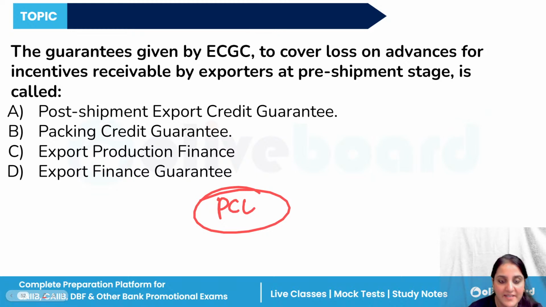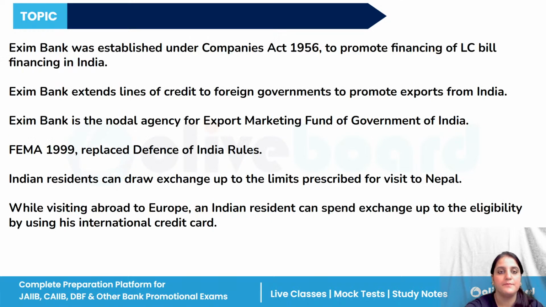Packing Credit Guarantee, which is specially designed to provide coverage for loans advanced to exporters for pre-shipment activities. This also includes financing for the purchase of raw material and production cost before the goods are shipped. So the correct answer is PCL, Packing Credit Guarantee. Yes, correct. B option is correct here. Good, Vikram sir.